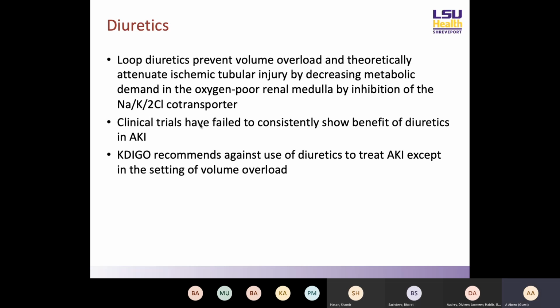And then next is the role of diuretics in AKI. Of course, we use loop diuretics a ton to prevent volume overload. Theoretically, there is some benefit, in that there's an attenuation of the ischemic tubular injury by decreasing metabolic demand in the medulla.